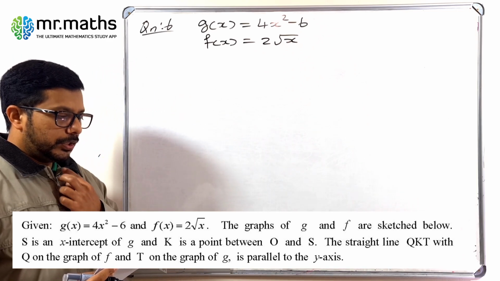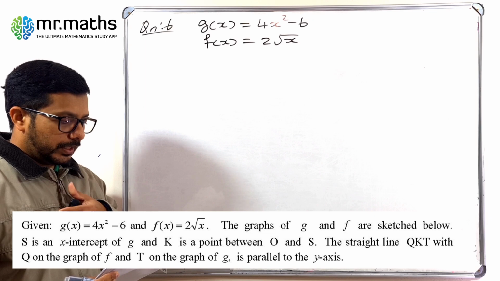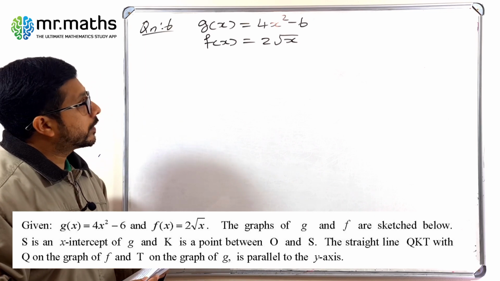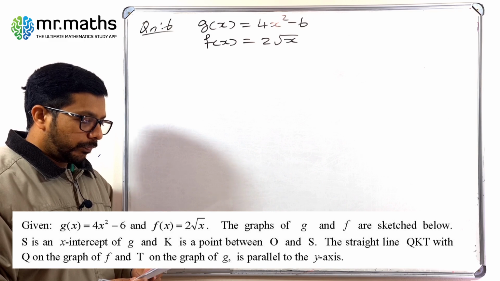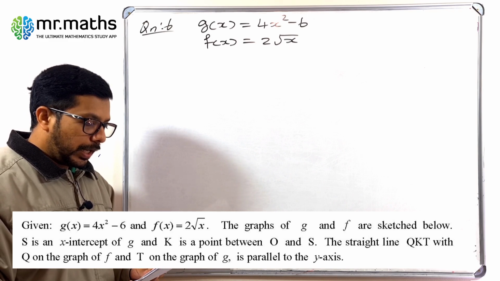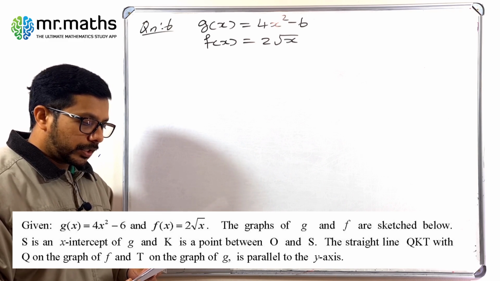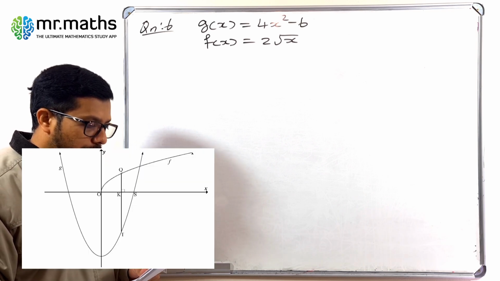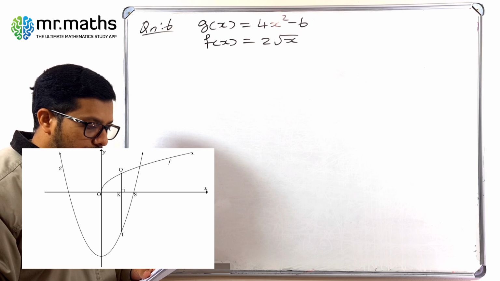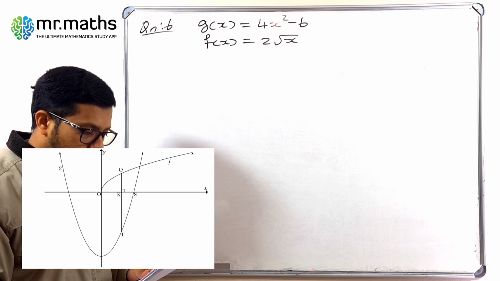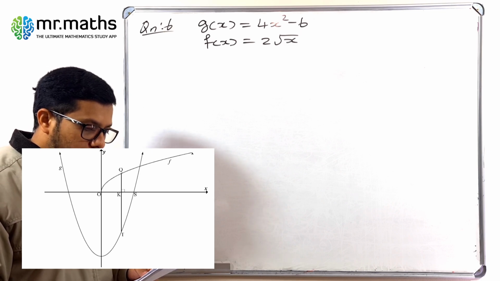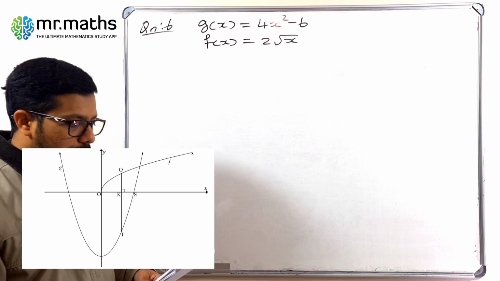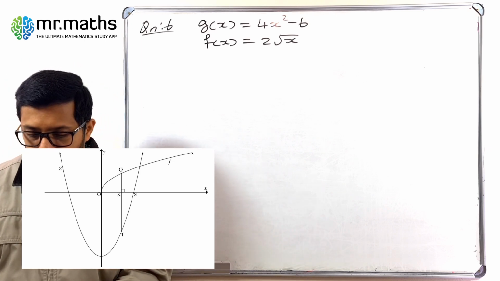One is g of x 4x square minus 6, and the other one is f of x 2√x. Now what is the question? The graph of g and f are sketched below. S is an x-intercept of g, and K is a point between O and S. The straight line QKT, with Q on the graph of f and T on the graph of g, is parallel to the y-axis.